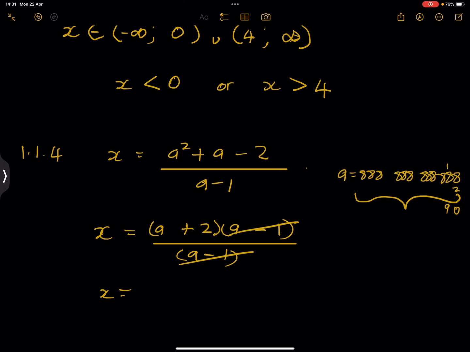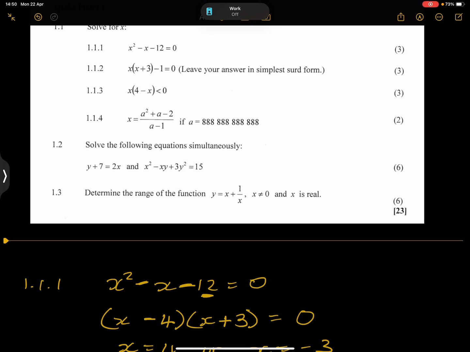And the whole thing in this case becomes just the same thing. So x will be equal to a plus 2, meaning that x will be 8, 8, 8, 9, 0. Okay. And on to the next one.